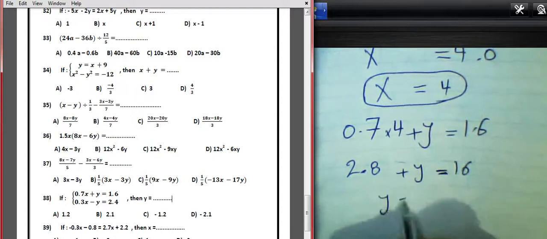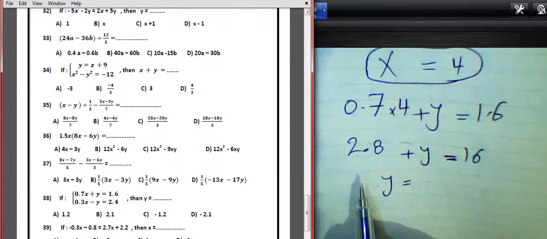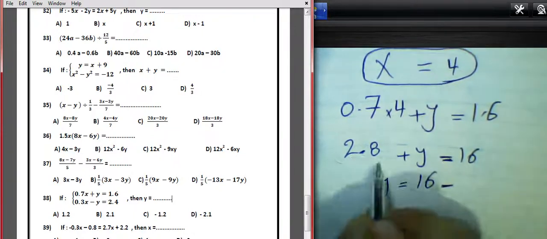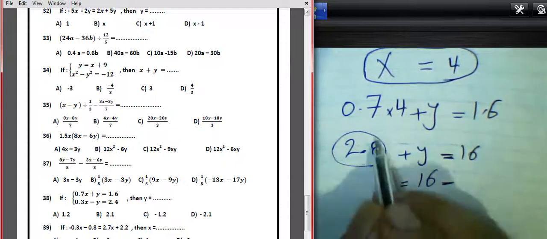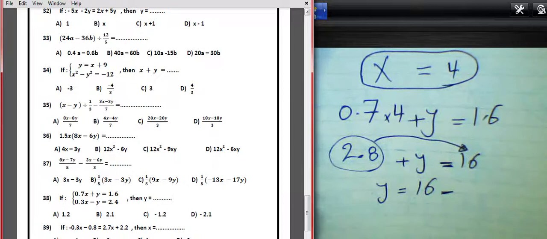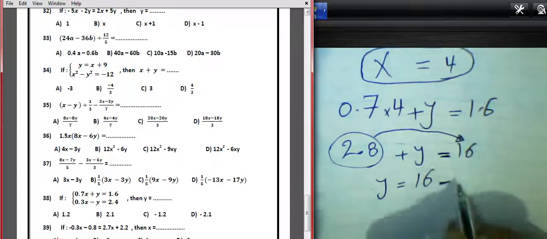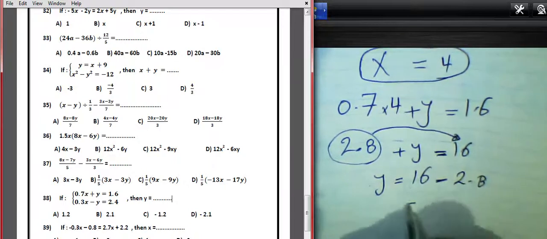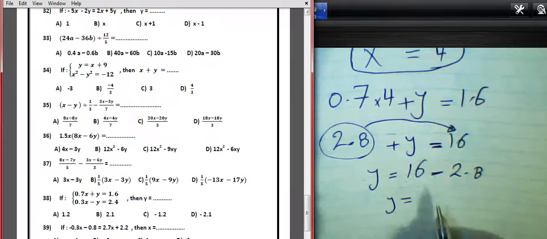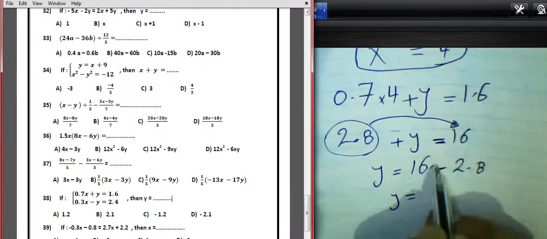Also, you can find the value of y by moving 2.8 from the left hand side to the right hand side by subtraction, because 2.8 was positive. We move it to the other side and change its sign from positive to negative. Okay, 2.8, and we find the value of y by subtracting: 1.6 subtract 2.8. We write the point and 0 behind it.